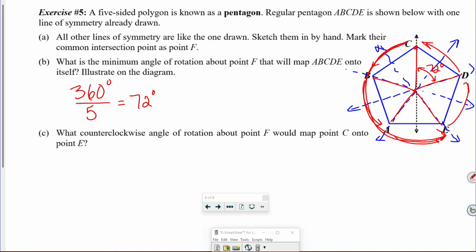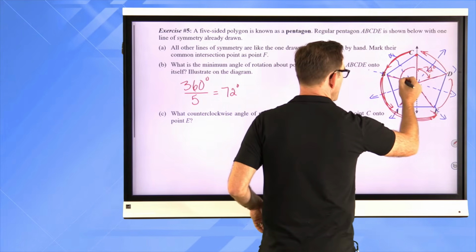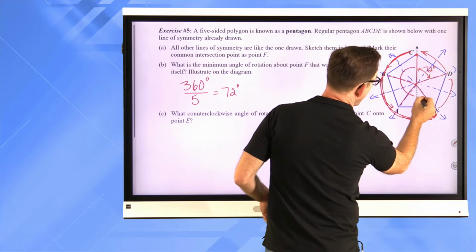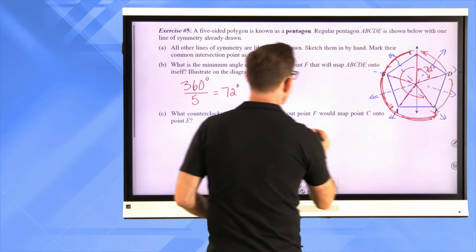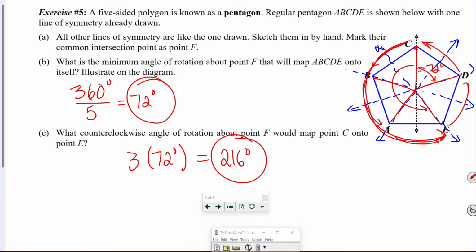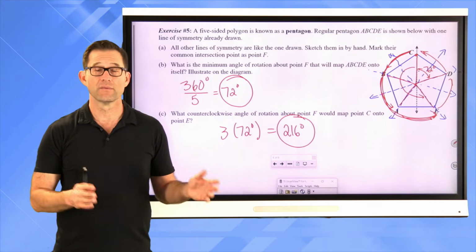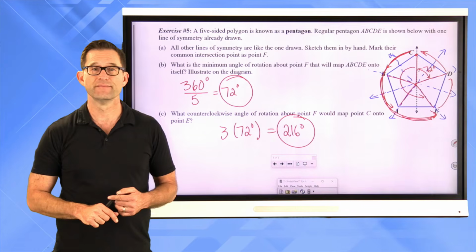Well, in order to do that, I have to rotate it 72, another 72, and another 72, right? So I've got to do 3 times 72 degrees, and that is 216 degrees, which is one of the various angles of rotational symmetry. Okay.